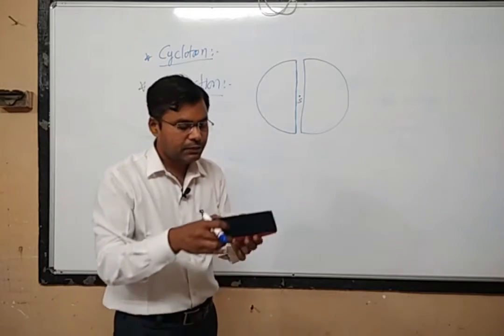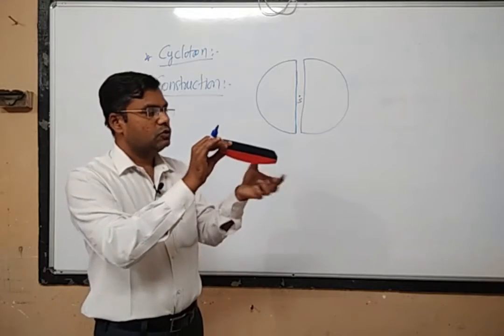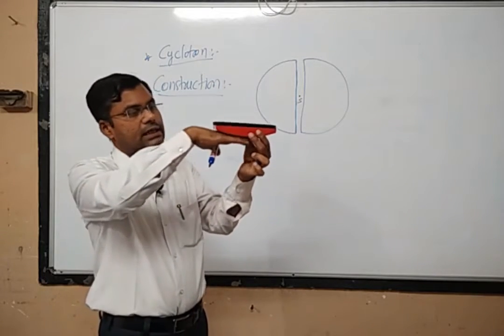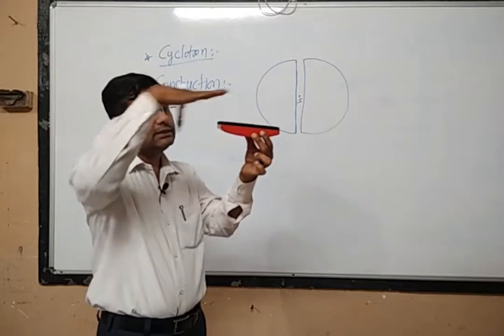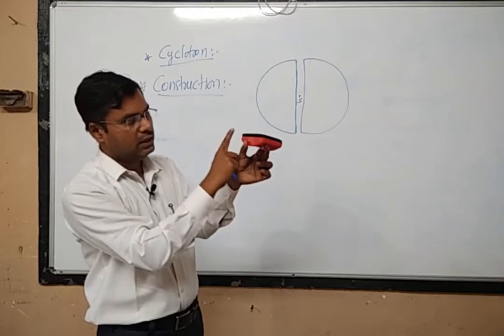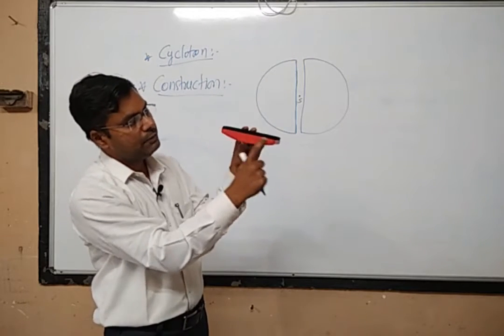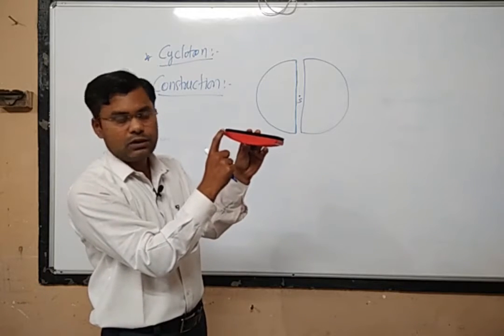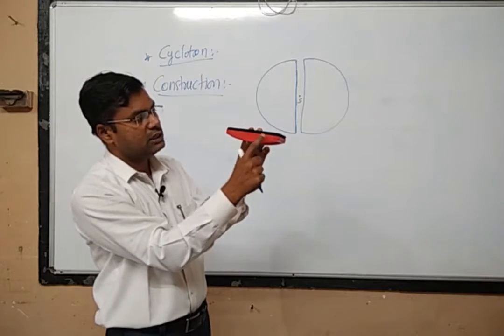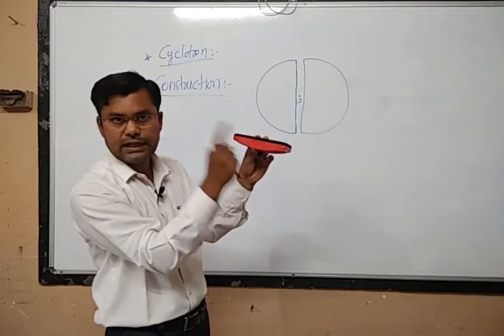You can imagine the D structure like in a compass box. All these surfaces will be closed, only this surface will be open, so that the charged particle can move inside the Ds.